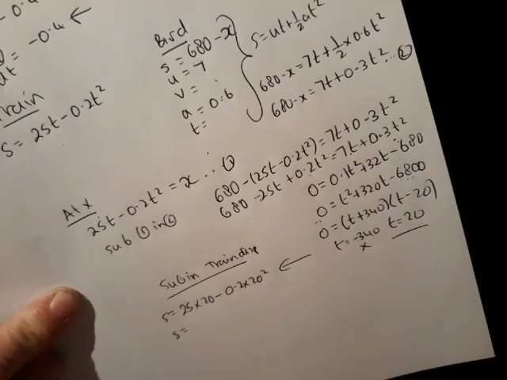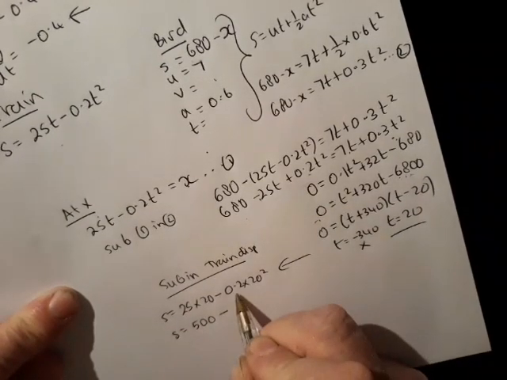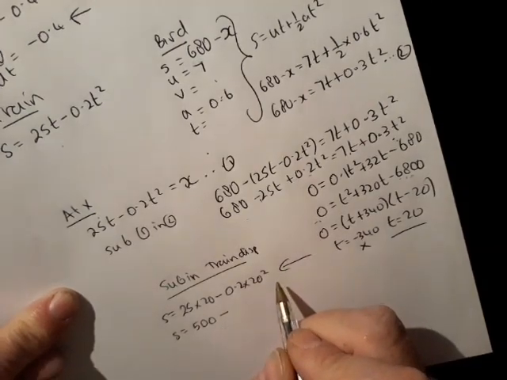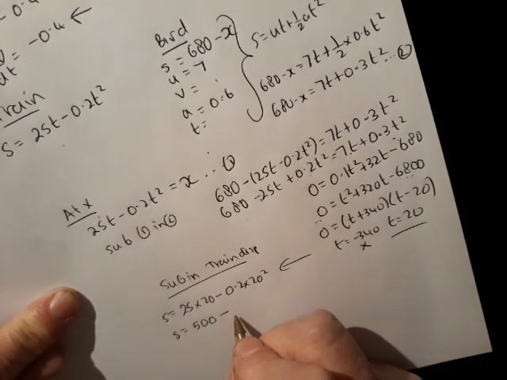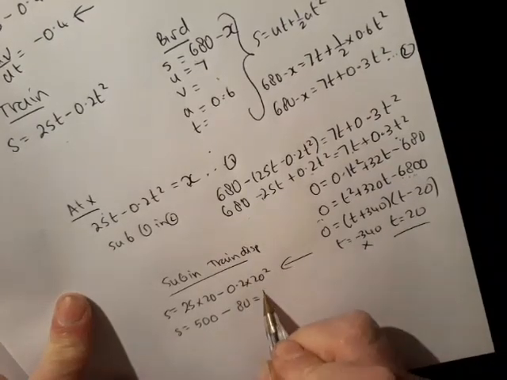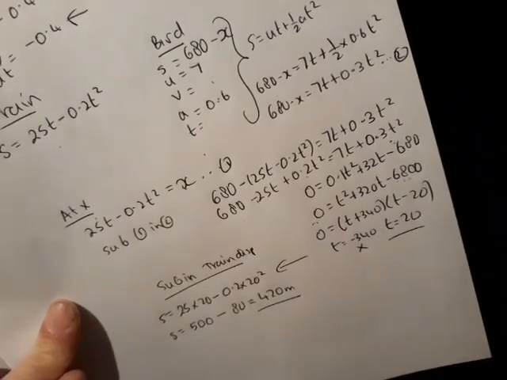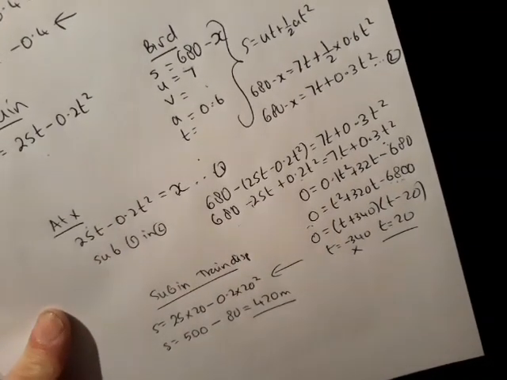Okay, so that gives me 500 minus 0.2 of 400, which is 80. So we get displacement is 420 meters. And that's it.